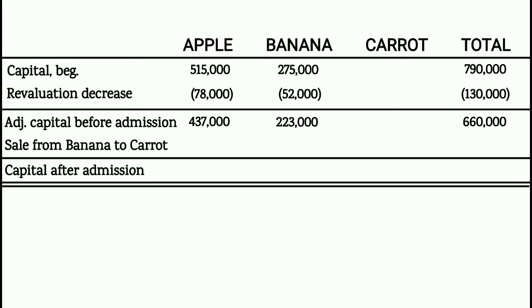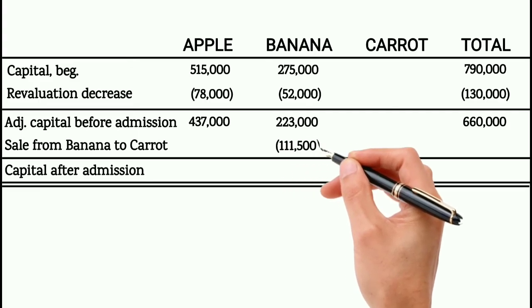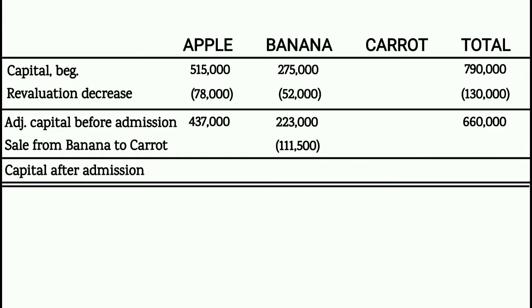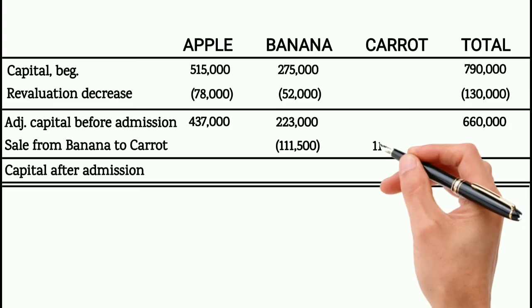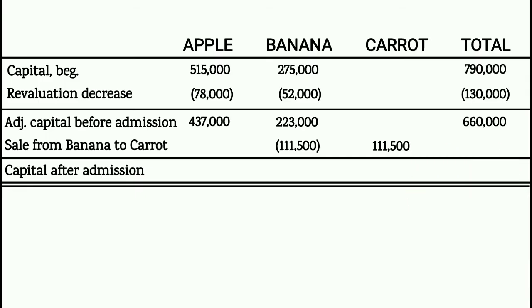Therefore, we deduct the 111,500 from Banana. And of course, because Carrot bought half of Banana's capital interest, Carrot's capital will increase by 111,500.